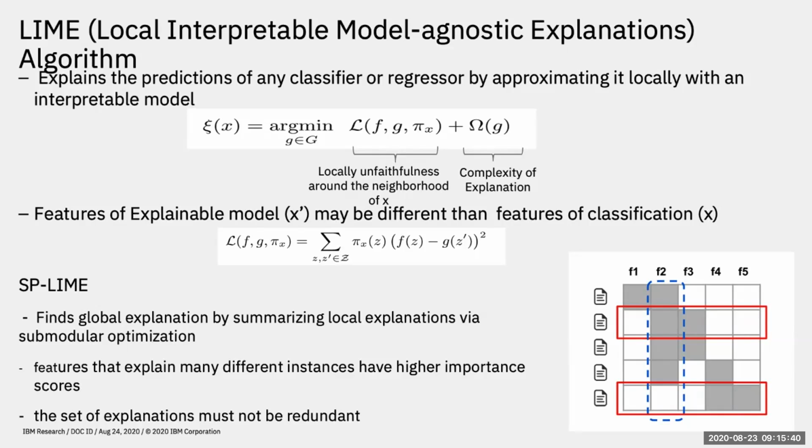And similarly, if we pick the second and the last samples, it also can cover most of the features of the matrix. So this is how SP-LIME works, and it is basically a heuristic algorithm to generate the global summary explanations from all the local explanations.